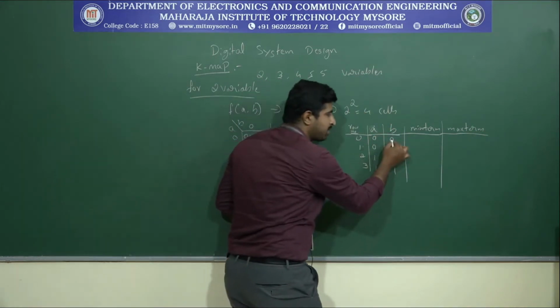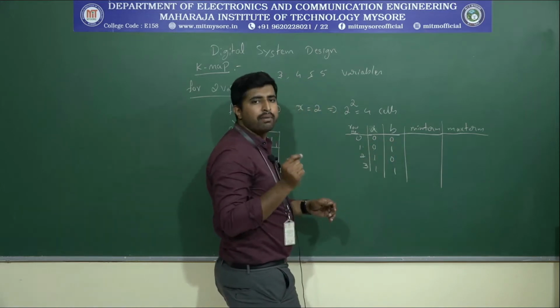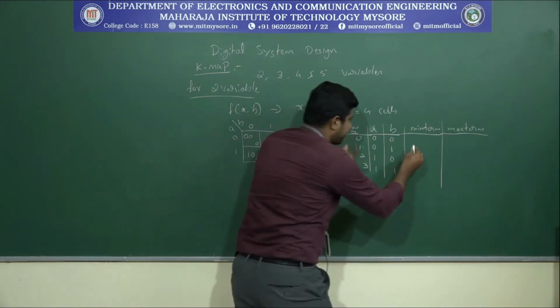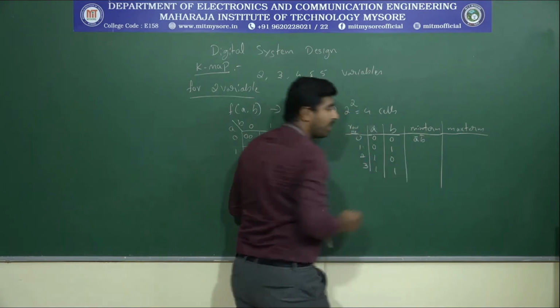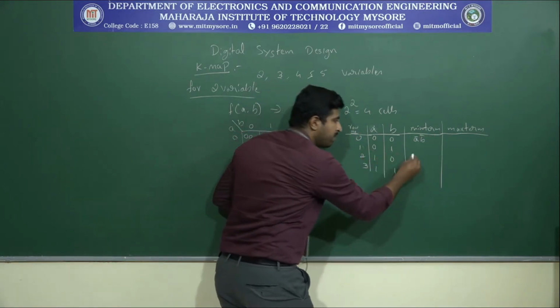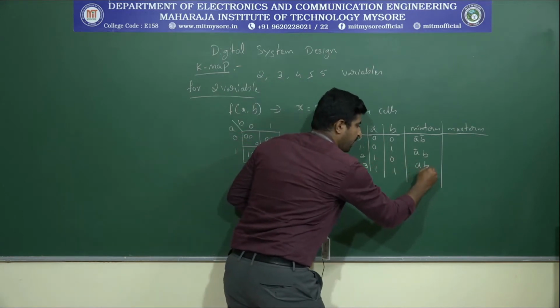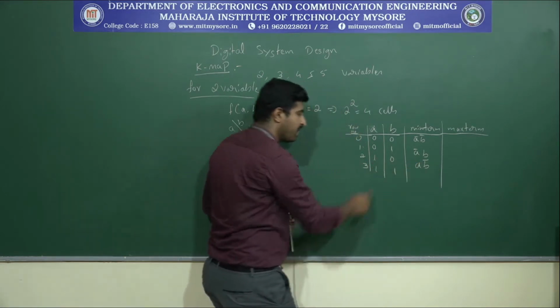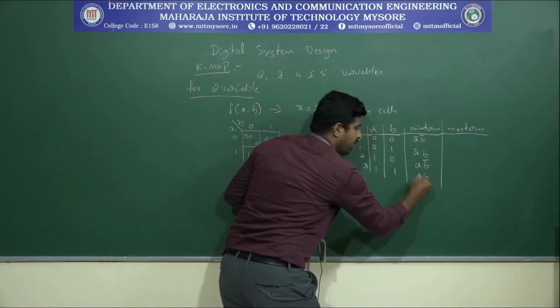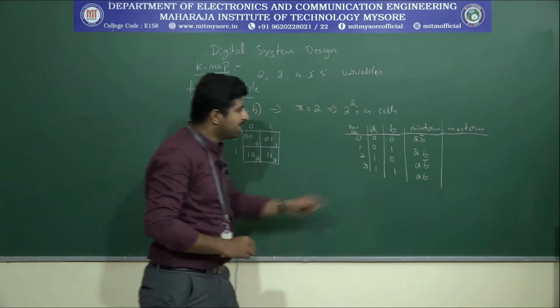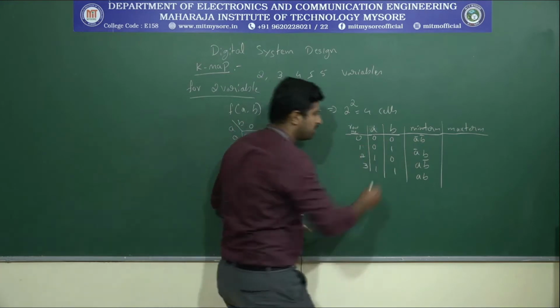We know that for min terms we need to take a complement when we have a 0, so that is A bar B bar, right? Similarly 0 1 is A bar B, 1 0 is A B bar, and 1 1 corresponds to A B.